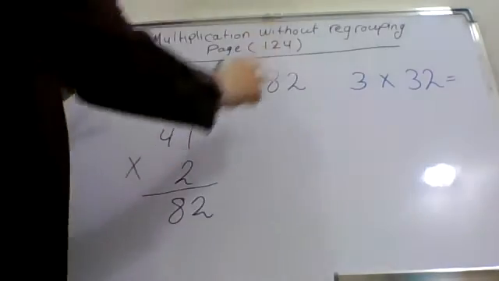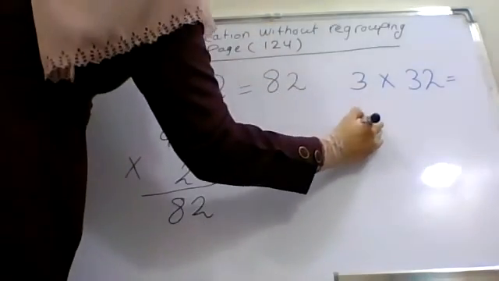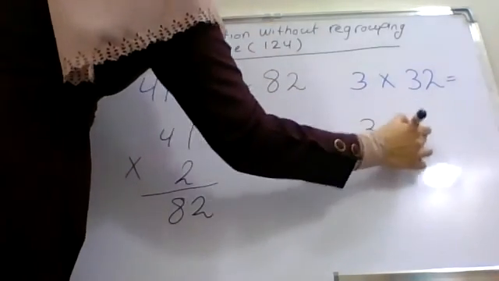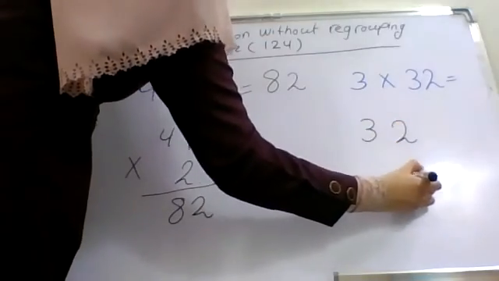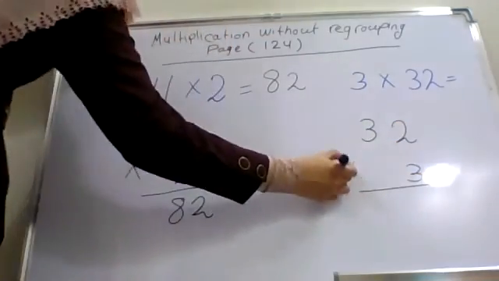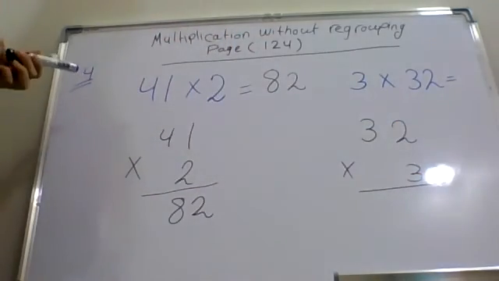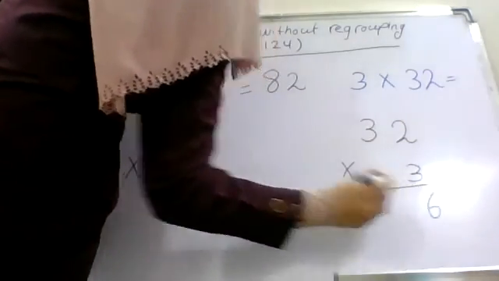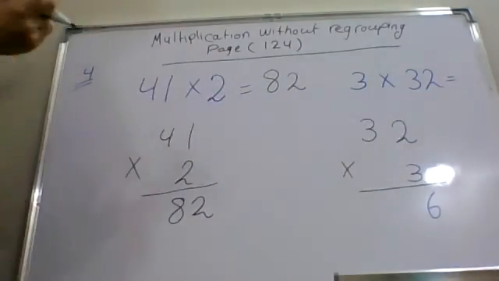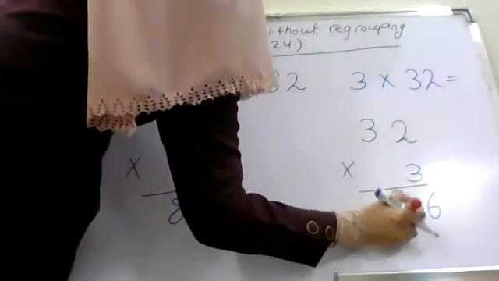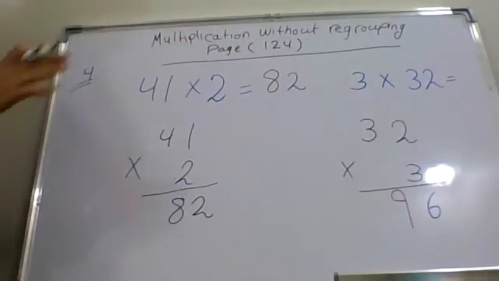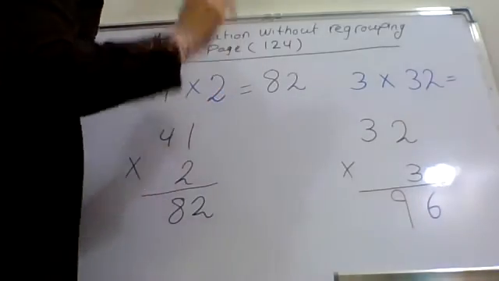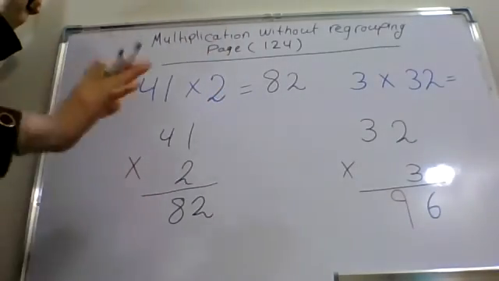So we multiply them. I usually put the biggest number on top, 32. Then I write the small number, which is a 3, down here, and multiply them. 3 times 2 equals 6. 3 times 3, it's 9. I usually ask you to use the smartest way, which is the fastest way.